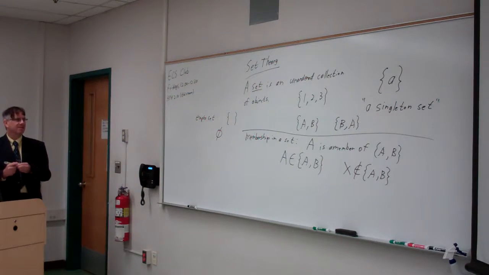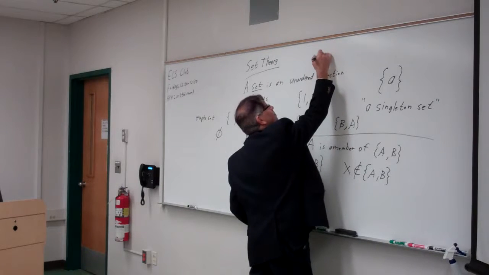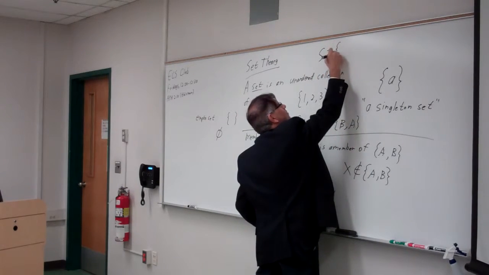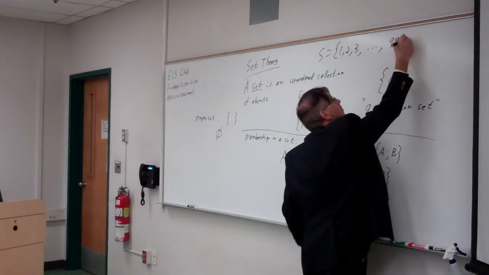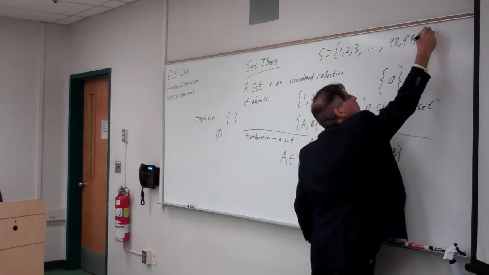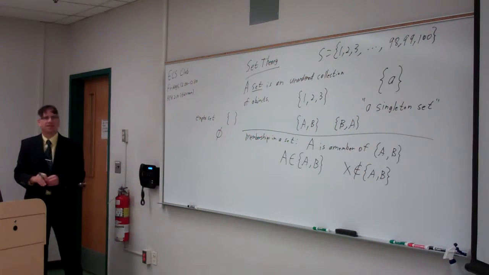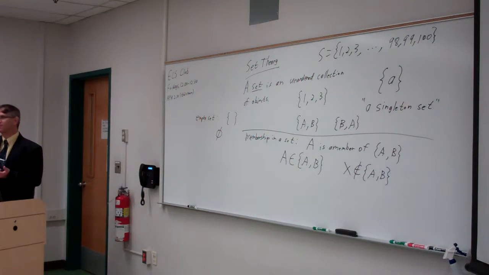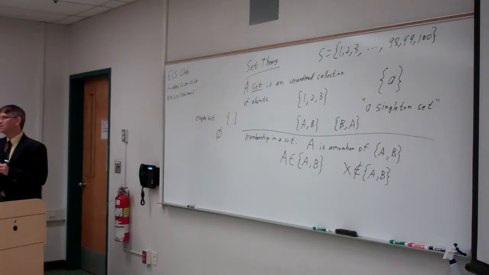So sets can be anything. If the set only has a few elements, we can write it by just listing all the elements in the set. If it had many elements, we'll sometimes use shorthands like S equals. And most of us would interpret this as saying that S contains 1, 2, 3, but also 4, 5, 6, 7, 8, 9, all the way up to and including 98, 99, and 100.